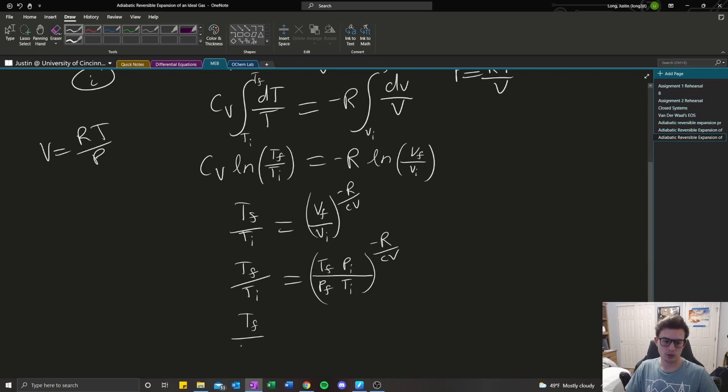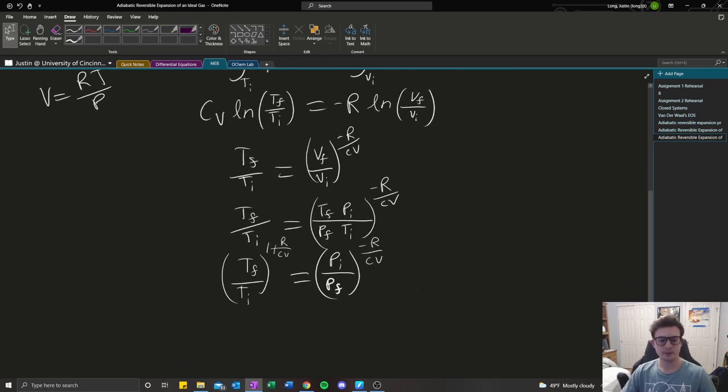So what we end up with is 1 plus R over CV is equal to the pressure initial over the pressure final to the negative R over CV.